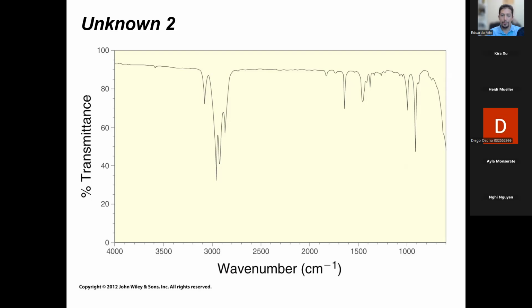Do we see alcohols? Do we see carbonyls? Do we see amines? Do we see esters, ethers? What do we see? It's going to be on your test, so you have to ask yourself these questions.